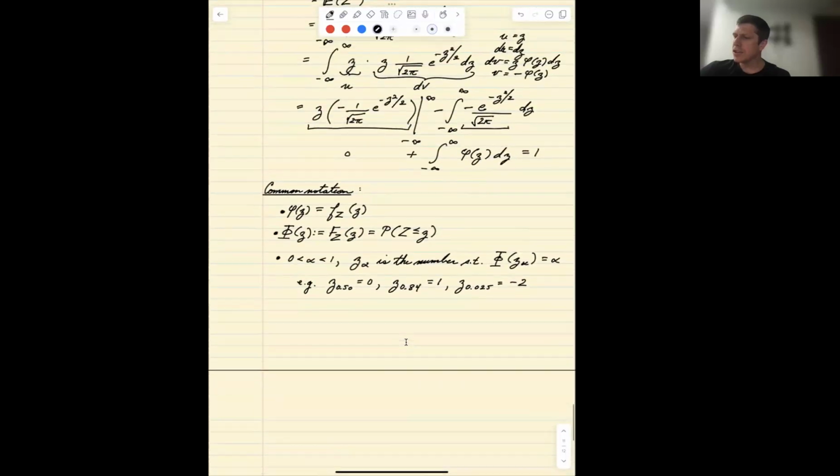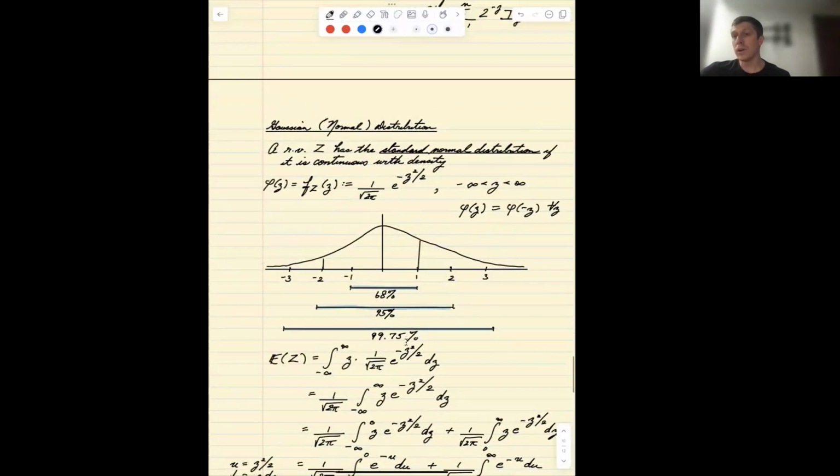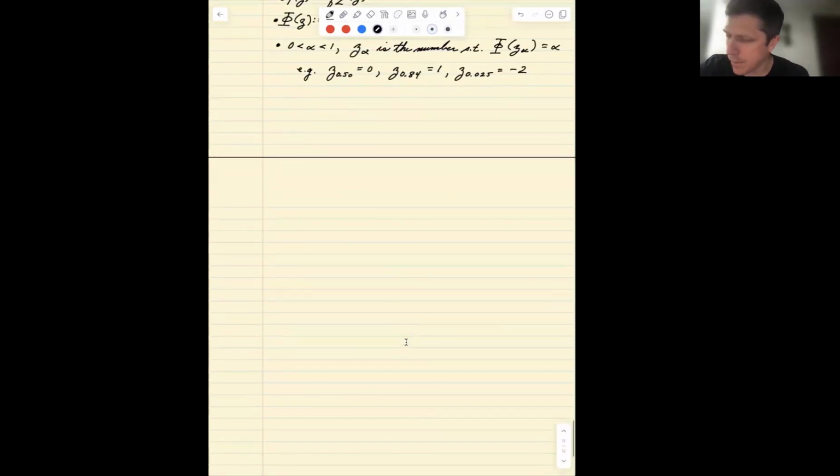Now, just like we did for the uniform 0,1, where we had a uniform on the unit interval but in general want to generalize to a family of distributions from this, the way that we did it was through transformation.